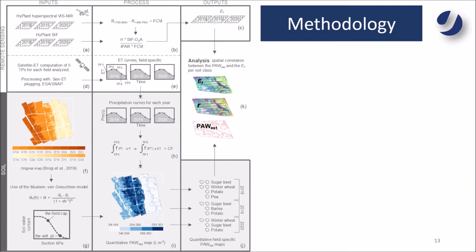We computed this evapotranspiration using the CNET plugin from the ESA SNAP platform. With the evapotranspiration data computed, we created evapotranspiration curves of the 2.5 months before the airborne data was collected. I will tell you in a while why we computed this evapotranspiration.